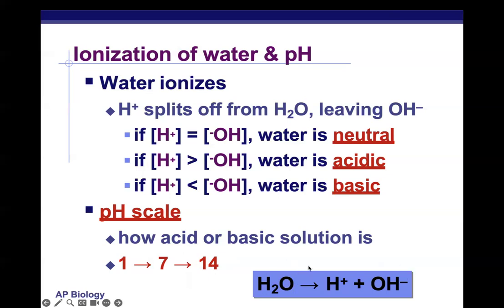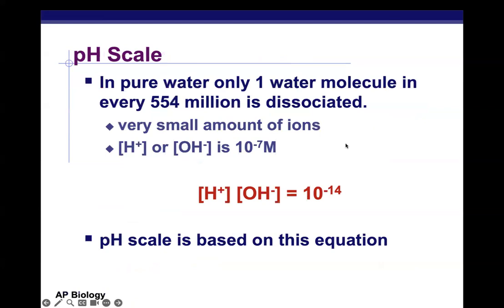Water can also ionize into a hydrogen ion and an OH ion. That's why it's neutral: dissociating in water maintains a hydrogen-OH balance. Neutral. Okay. So in pure water, we have a 7 on the pH scale.